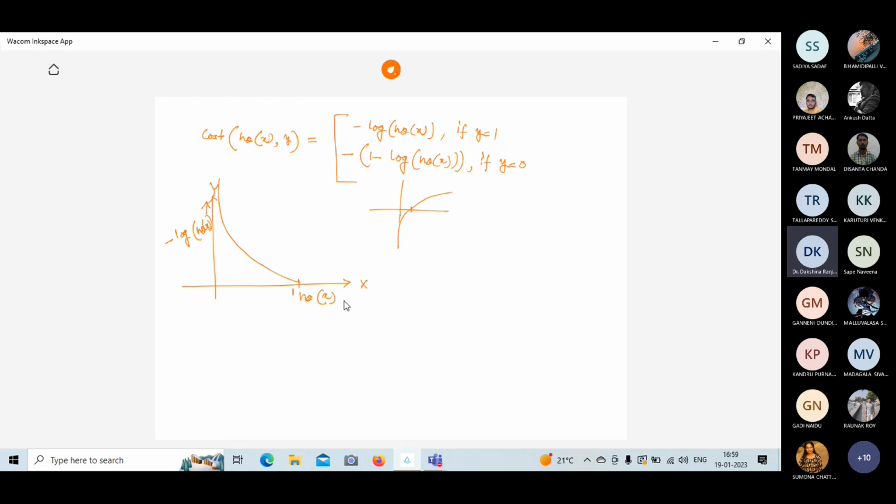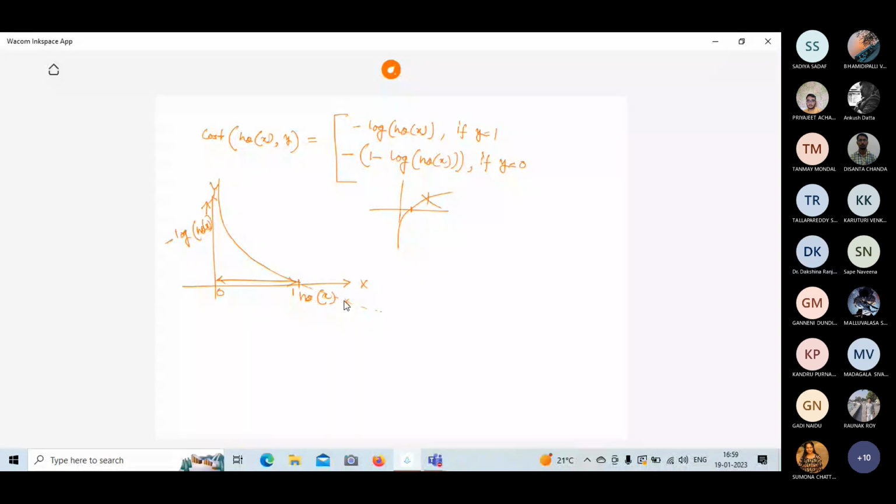So we are discarding this part; this is for the positive. For negative, we will get it like this. We are discarding this part, and we are taking the curve which is placed in the first quadrant. This distance is 1, this is 0, this is 1.